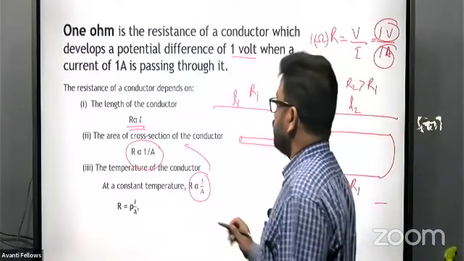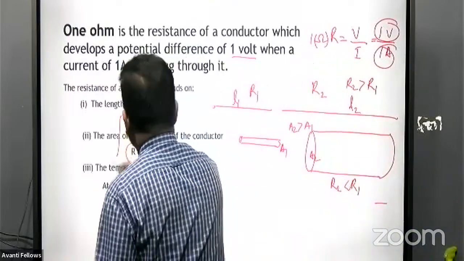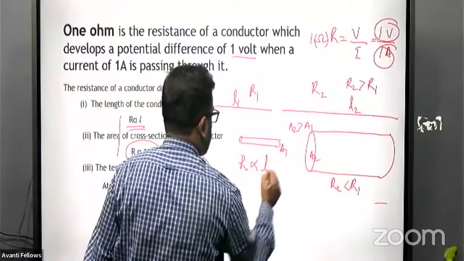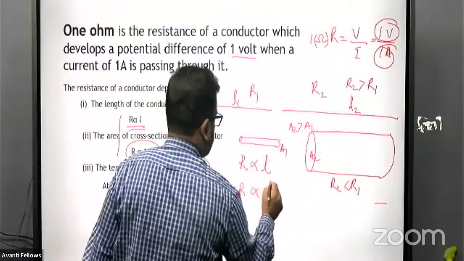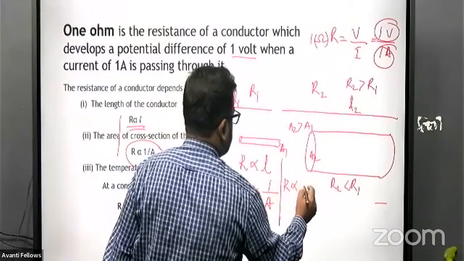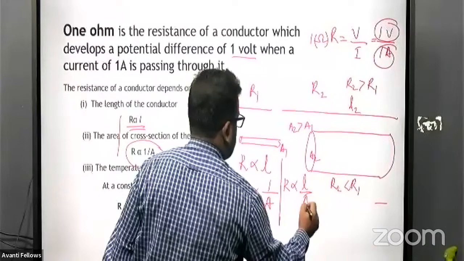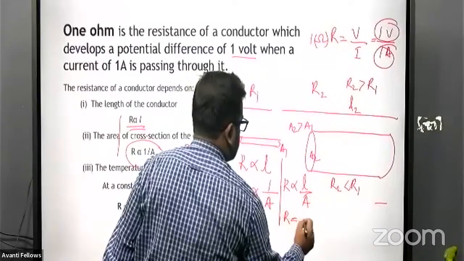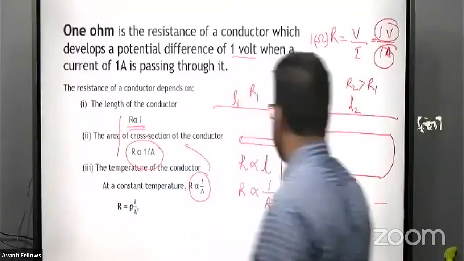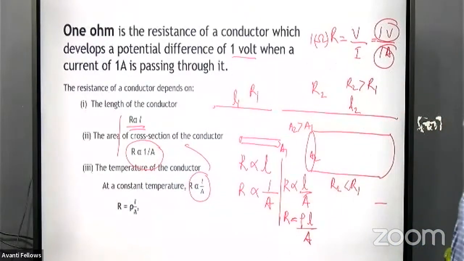We can combine these things: R is proportional to L, and R is proportional to 1 by A. So we can write R proportional to L by A, and R is equal to rho into L by A. Rho is the resistivity.